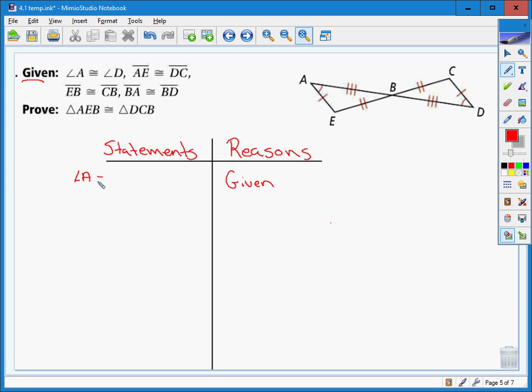Angle A is congruent to angle D. Segment AE is congruent to segment DC. Segment EB is congruent to segment CB. Segment BA is congruent to segment BD.